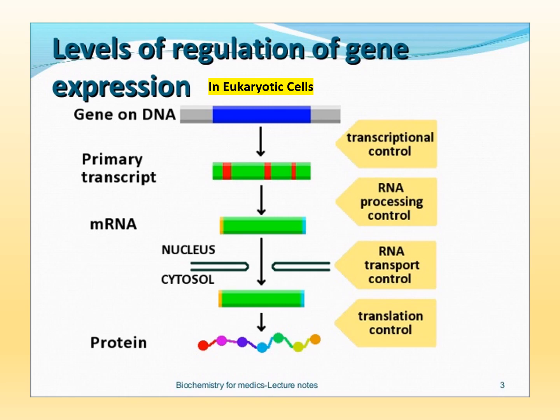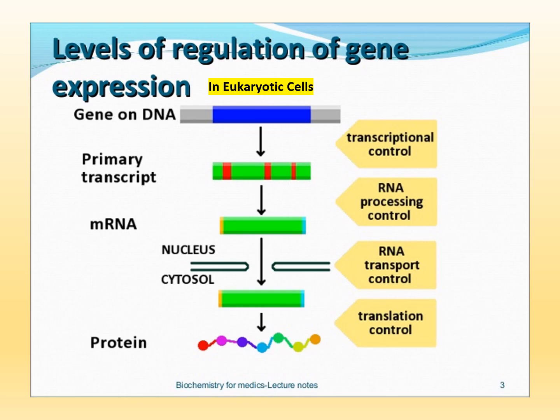When we transcribe our DNA into the mRNA molecule, we have transcriptional control at that level. Then when we process that mRNA to get it out of the nucleus, we have some RNA processing control, right? That's where we add the caps and the tail, and we splice out those introns that we're not going to use.